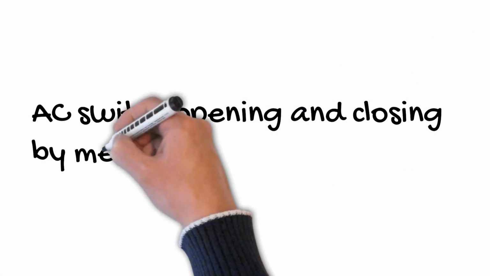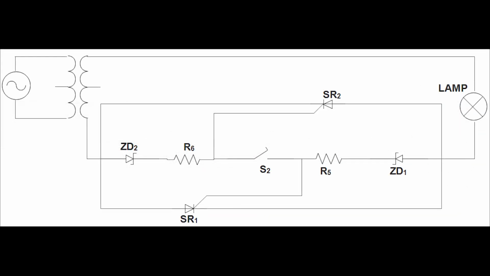Now let's move to part C. Right, now you can see the actual circuit diagram related to part C. You have to connect the circuit as you can see now.